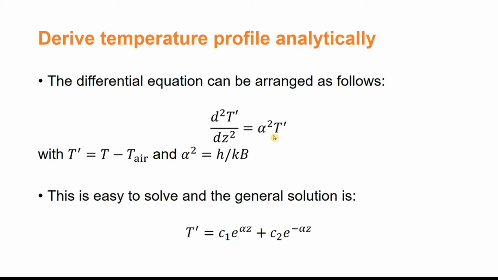Therefore, the general solution is T prime is equal to C1 times the exponential of alpha z plus C2 times the exponential of negative alpha z. We have two possible solutions because negative alpha squared is alpha squared, so they both satisfy the equation.